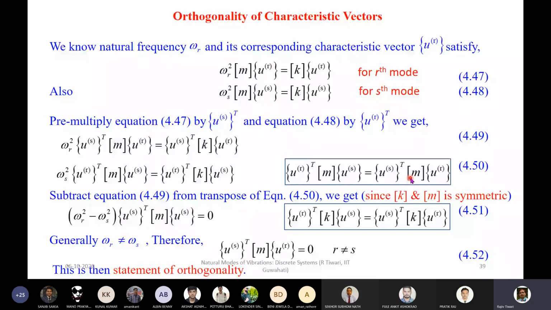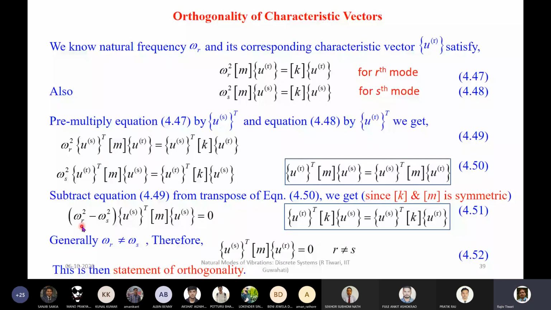The same thing is valid for the stiffness also. So this multiplication and this multiplication will be the same because mass is symmetric. Similarly, the right side term in the first equation and the second equation will also be the same. So if we subtract one from another, this will be common.